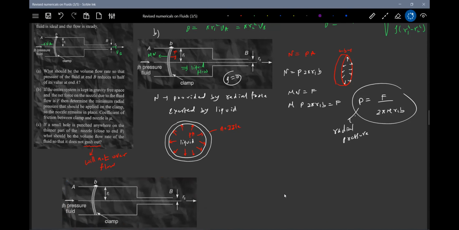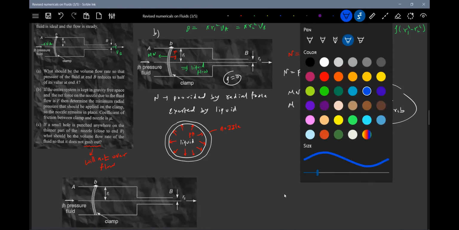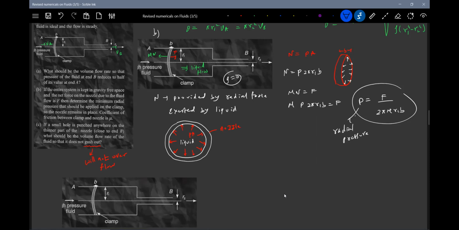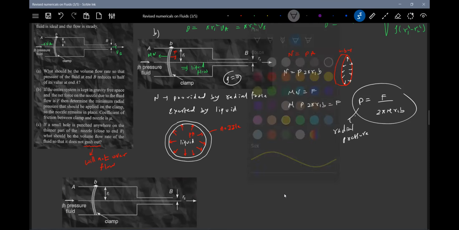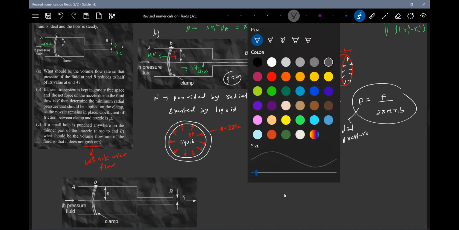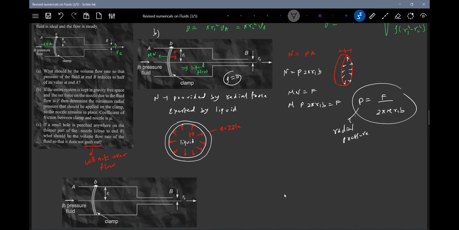So small hole is made here. I'll put it with the red color, that'll be sufficient.